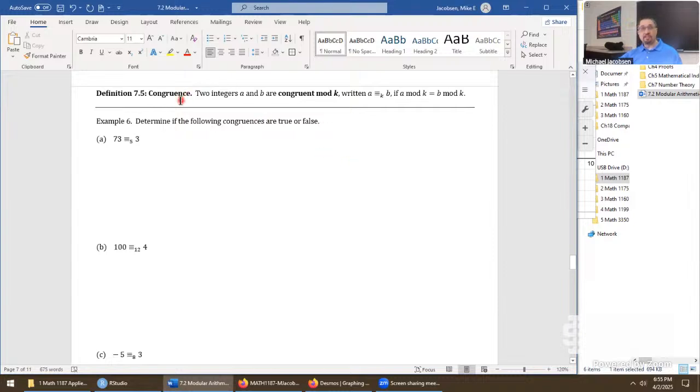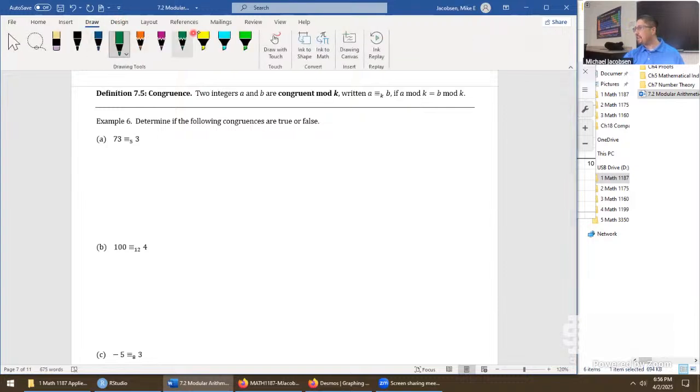So for congruence, here's the way it goes. Two integers, a and b, we'll say are congruent mod k if a mod k equals b mod k. So that's the whole equation that we're trying to show. And congruent mod k is just indicated this way. So that's the notation. When you see that notation come up, think in your mind, A is congruent to B mod K. You know what, it might be better to just spell that out.